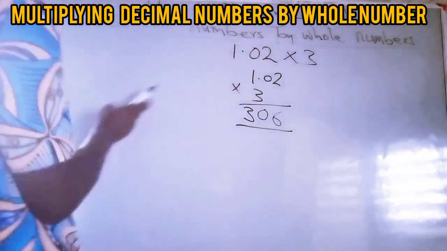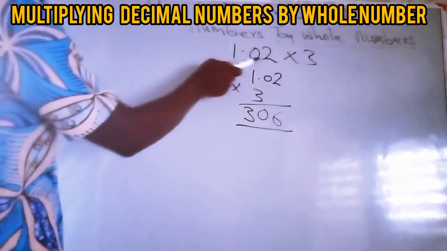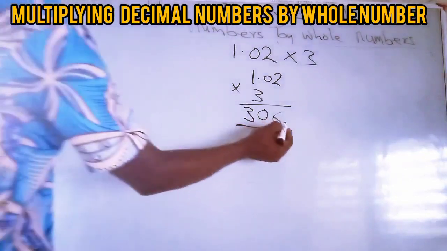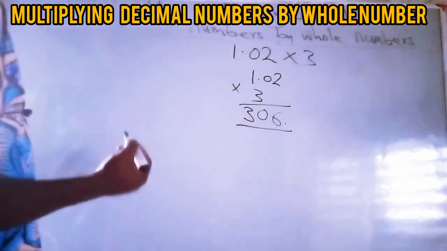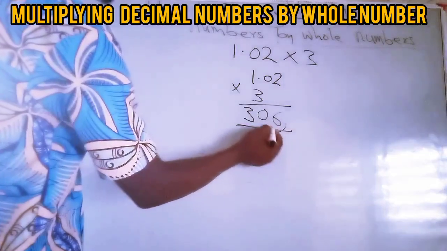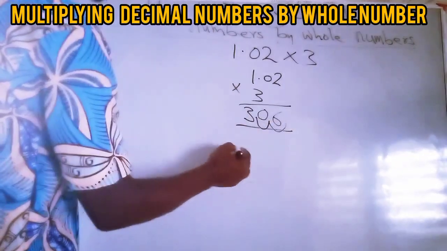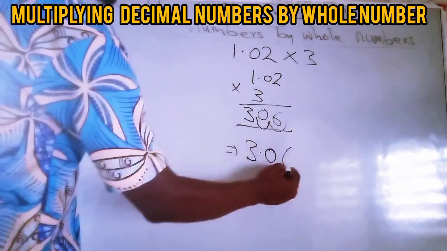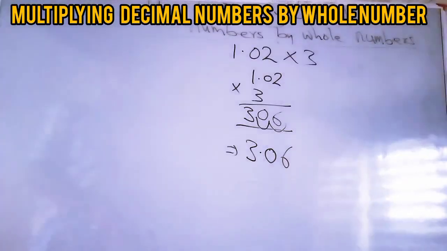The only decimal places we have are this and this. So we have 2 decimal places in all. Our point is here. We are going to move it 2 times to the left-hand side, so we are moving 1 and 2. Therefore, the final answer is 3.06.